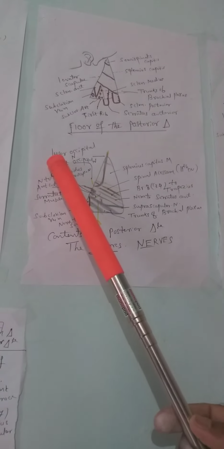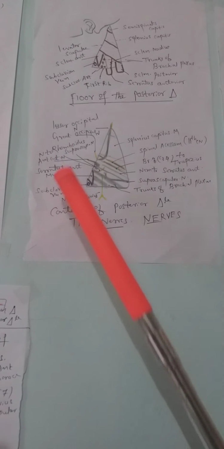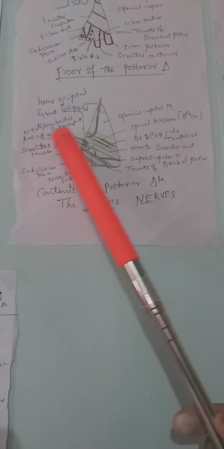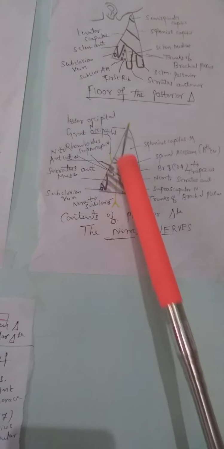What are the nerves here? The nerves present here are the lesser occipital nerve, greater occipital nerve, and nerve to rhomboids. Muscular branches: nerve to rhomboids, suprascapular nerve, nerve to serratus anterior.